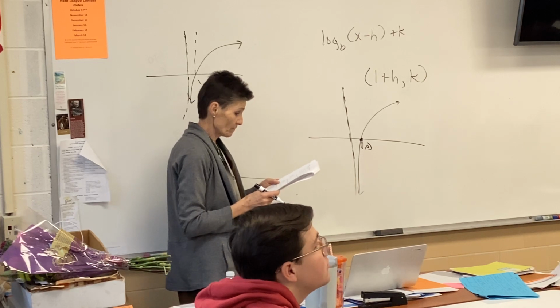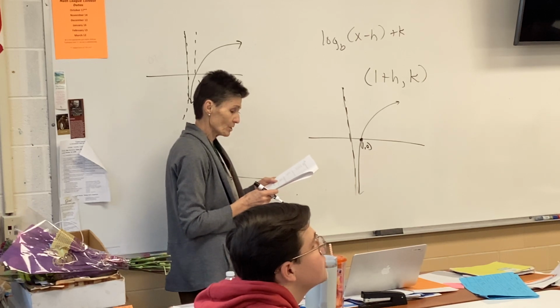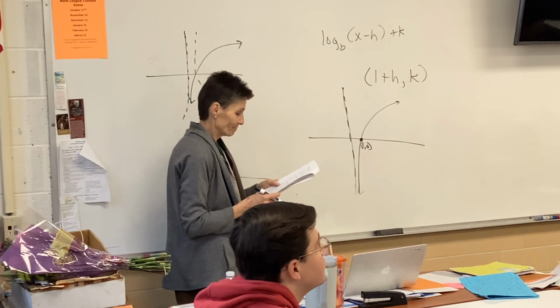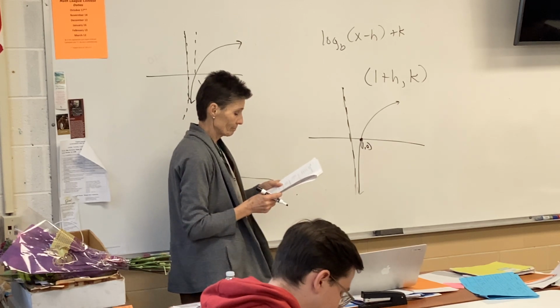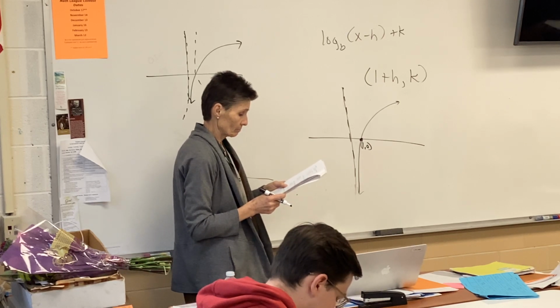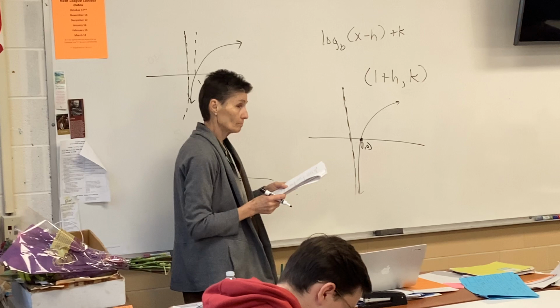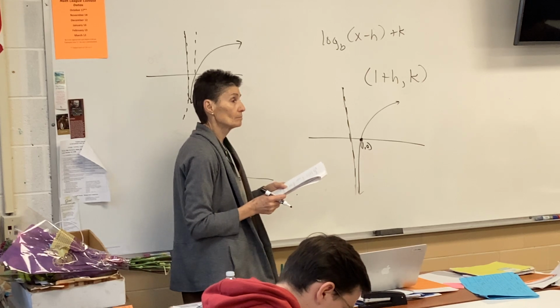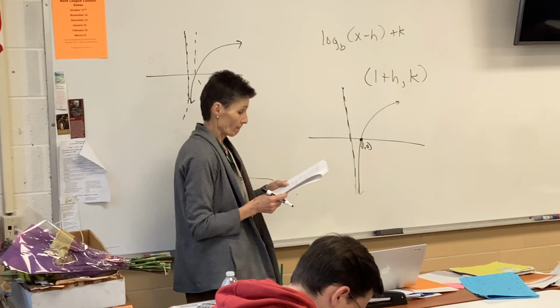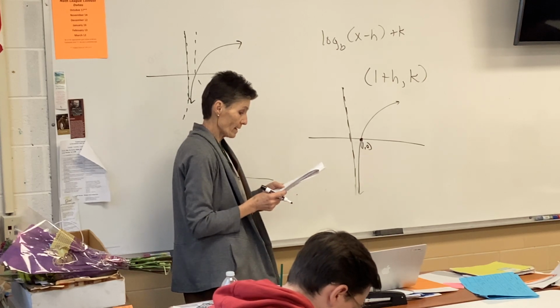Now, all right, which of these has a vertical asymptote at x equals -3? Raina says C. Oh, wait.